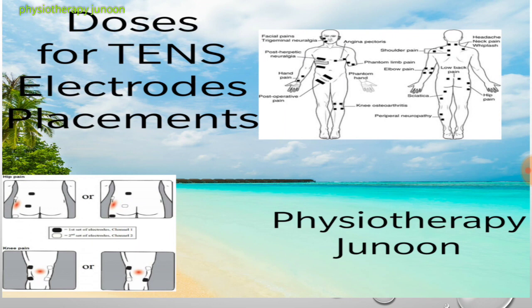Before we proceed to the doses of TENS and electrode placement, we should know about the neurotransmitters. The effects are mediated by many neurotransmitters, including opioids, serotonin, acetylcholine, norepinephrine and gamma-aminobutyric acid.